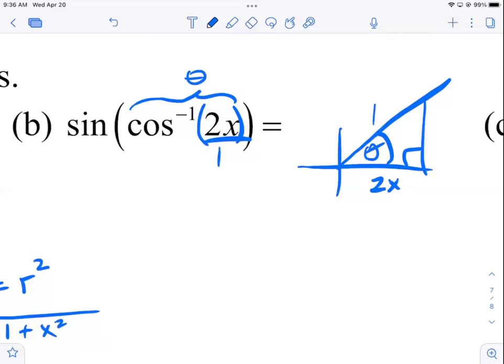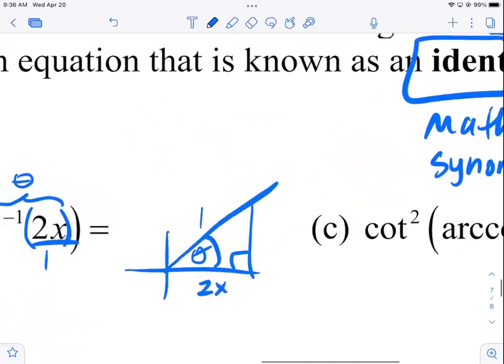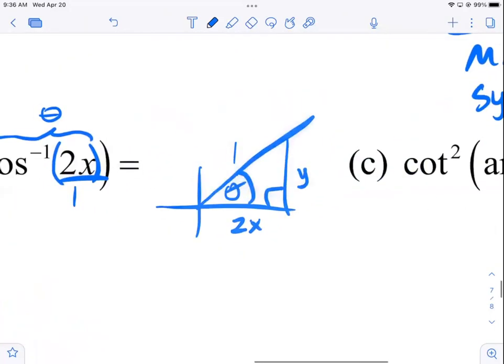Now I need to find the missing side. Let's call it y, okay? So now by the Pythagorean theorem, careful here. It's y squared plus, is it 2x squared like that, equals 1? No, the 2x is in parentheses.